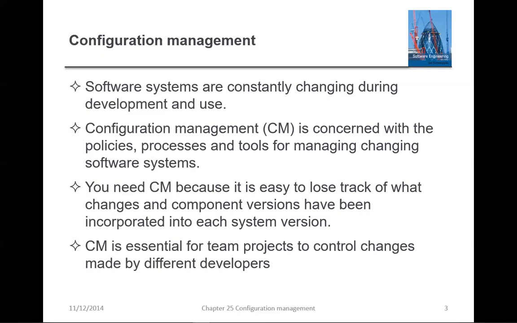It is essential for team projects where several developers are working at the same time on a software system. Sometimes these developers are all working in the same place, but increasingly, development teams are distributed with members in different locations across the world. The configuration management system provides team members with access to the system being developed and manages the changes that they make to the code.